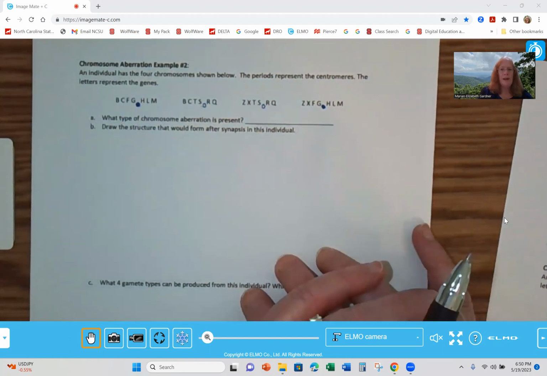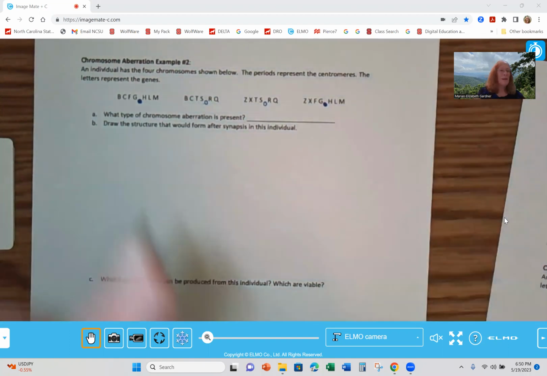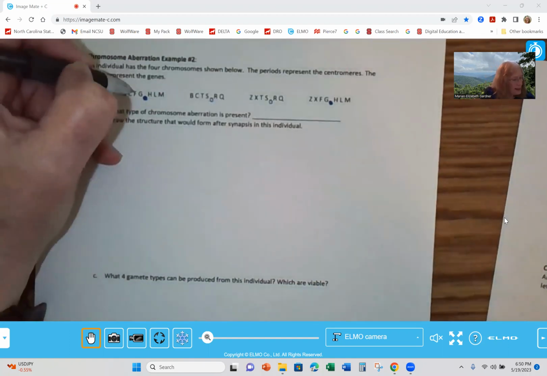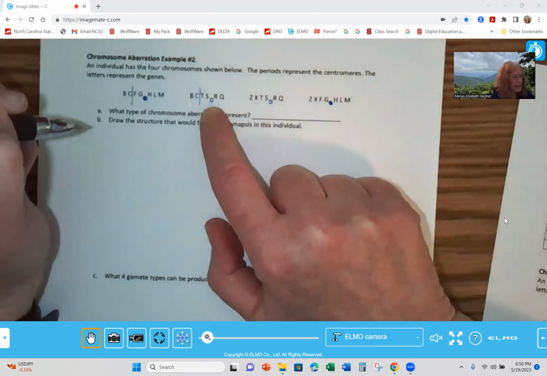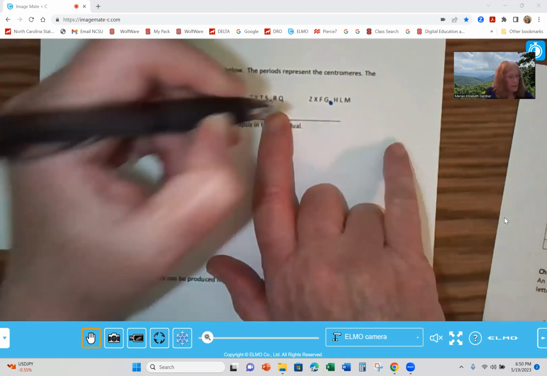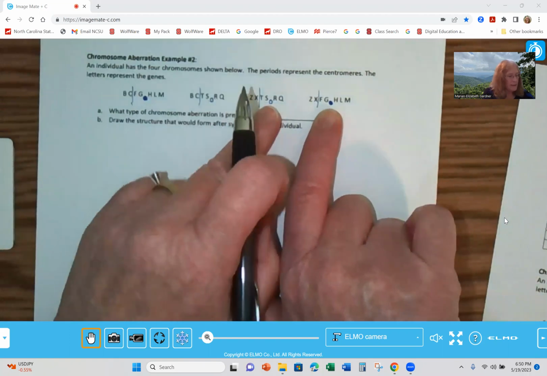The two solid ones are homologous, and the two open ones are homologous. It's always important to figure out which centromeres are homologous because those have to synapse. And it appears that one of these has BCF, one has BCT. So there's a break there. And the ZX also appears to be the part that's different.